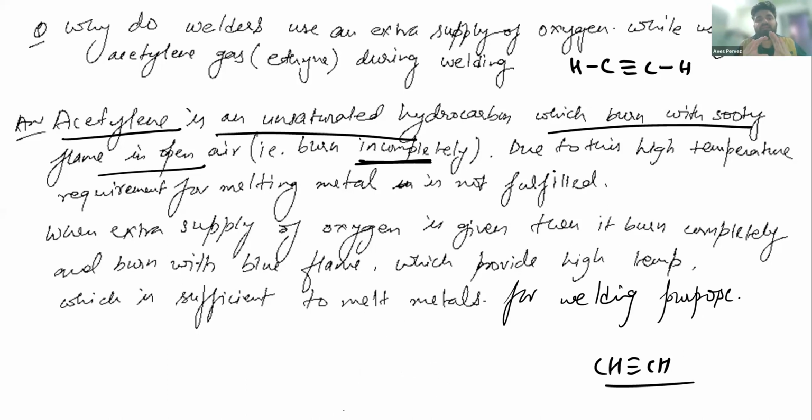we can simply say that acetylene is not a good fuel that can burn in open air. So we need to provide an extra supply of oxygen to it. When acetylene gas burns in open air, it burns with a sooty flame. But for the extra supply, we have this welding machine. This is a structure that we have here, and we have two nozzles here.